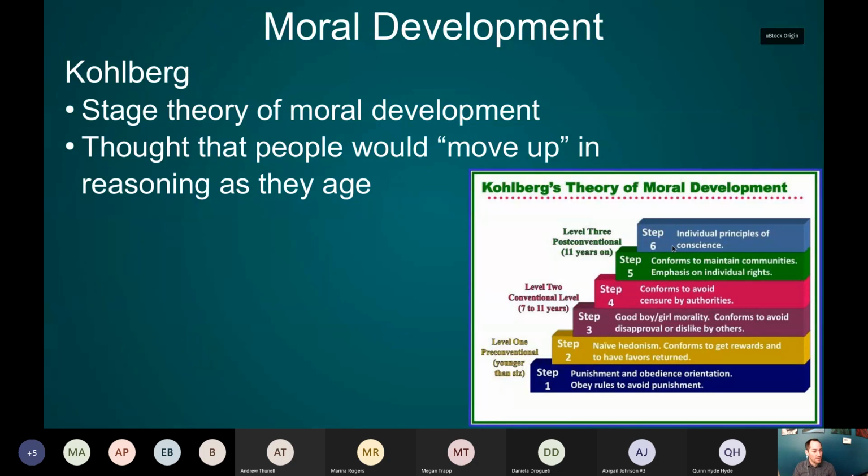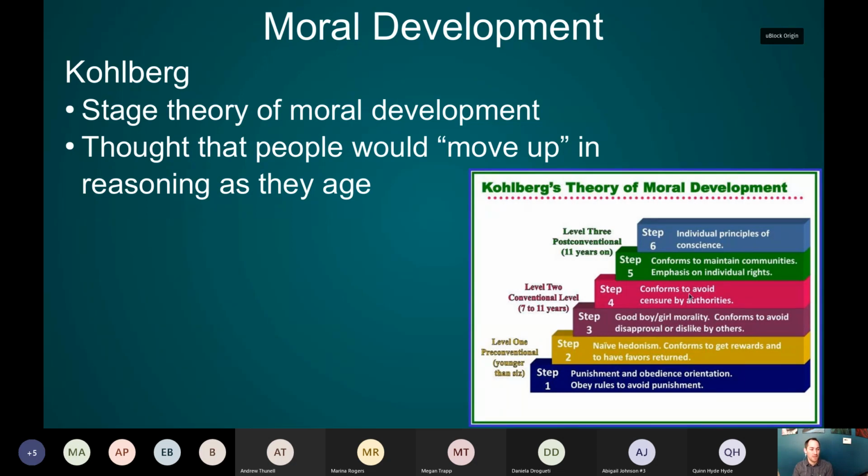So in and of itself, these reasoning levels, we do see children in early childhood, we've talked about this, focusing on punishment and obeying rules to avoid punishment. We've talked about conforming to get rewards. We've talked about that focus on self, not being a selfish thing, but this is just cognitively what they're capable of. And then stage 3, trying to get approval from people around you.